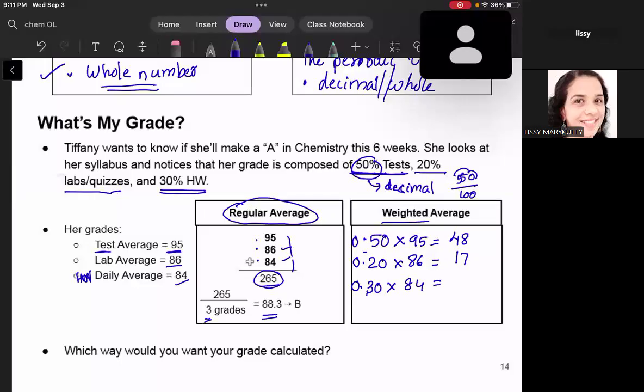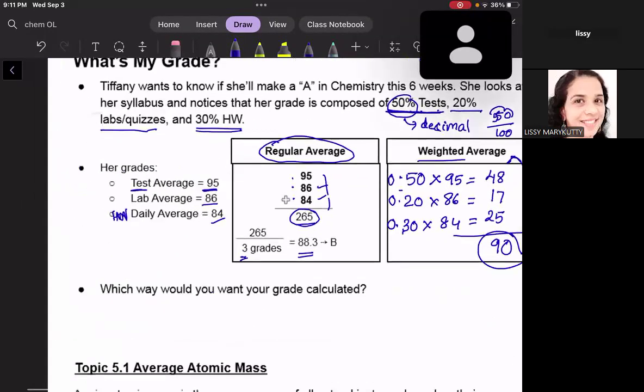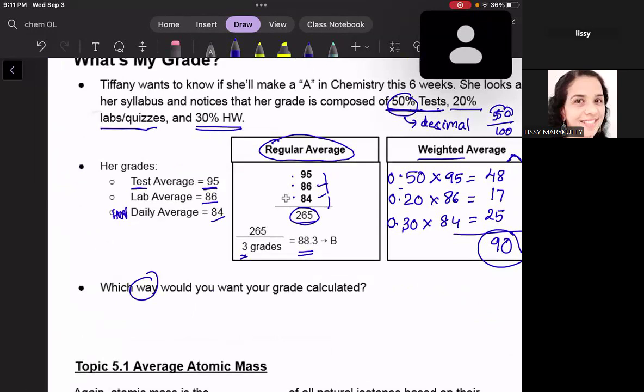Multiply 0.3 times 84, and you will get 25.2. I rounded that to 25. If you add all of them together, you will get 90. This is the weighted average. Which way you want to calculate your grade, you decide.